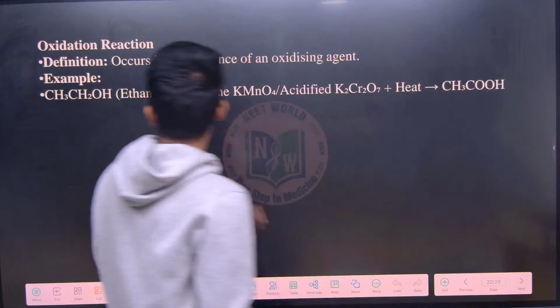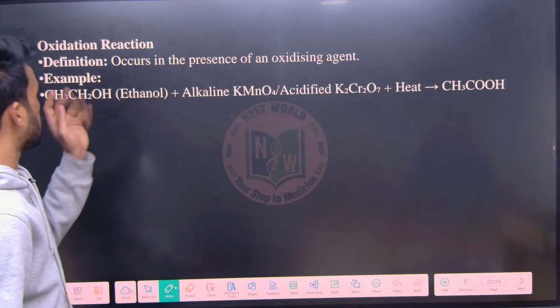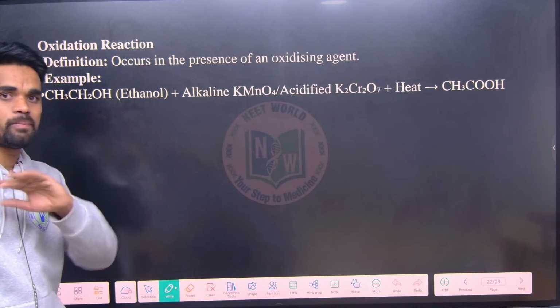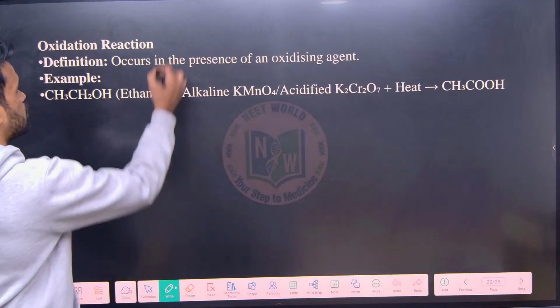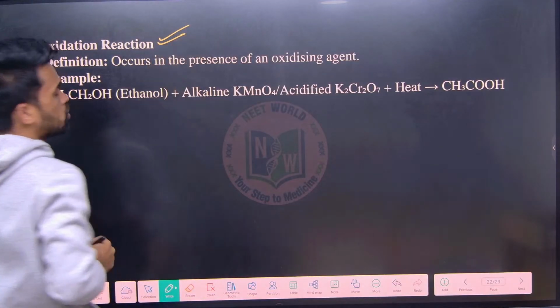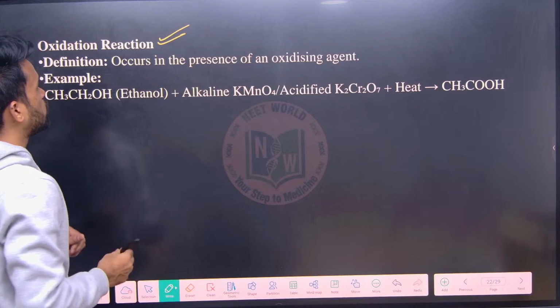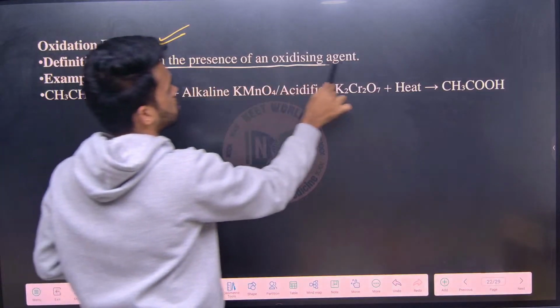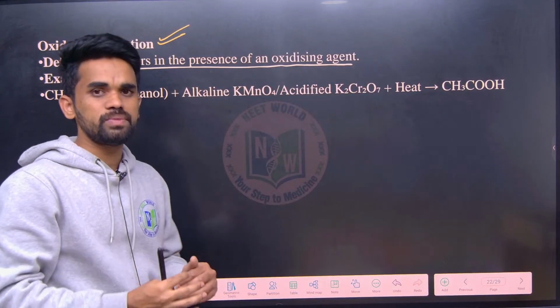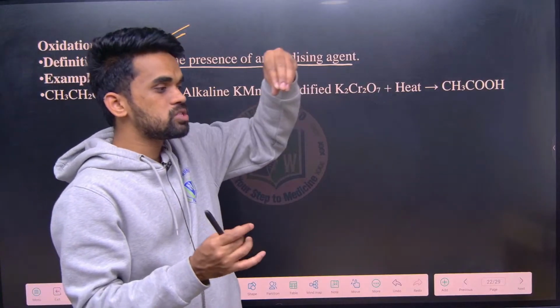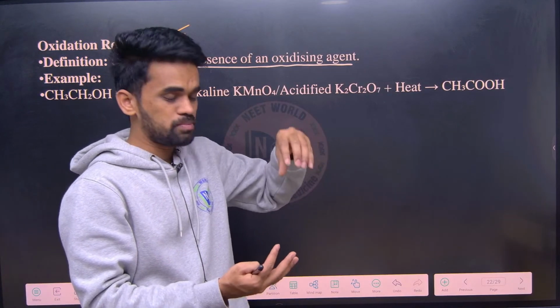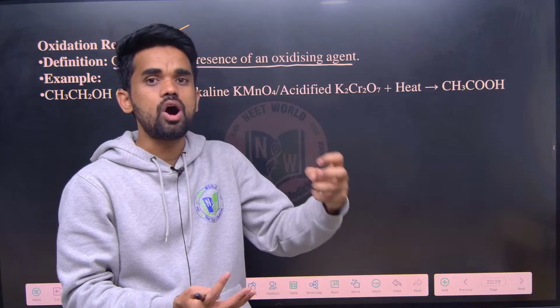Okay, so that is one type of combustion reaction done. The next type of reaction we have is the oxidation reaction, which occurs in the presence of an oxidizing agent. Oxidation means we need to add oxygen to the given substrate, then we can call that process an oxidation reaction.